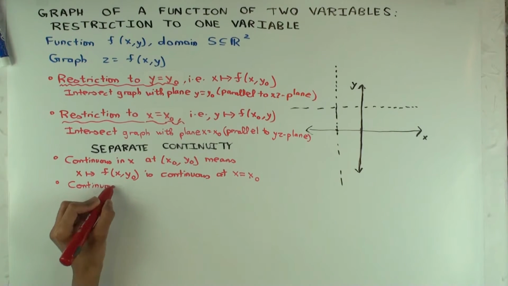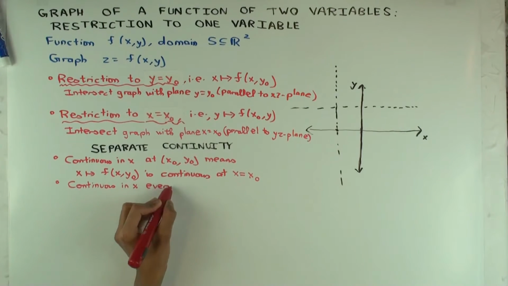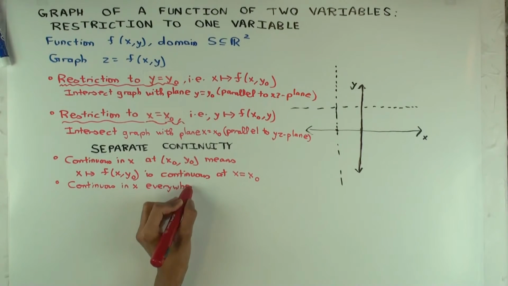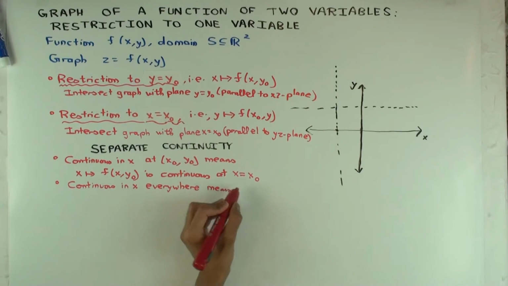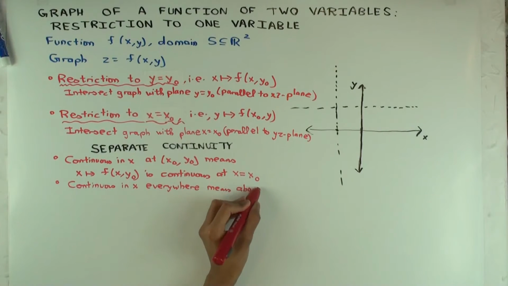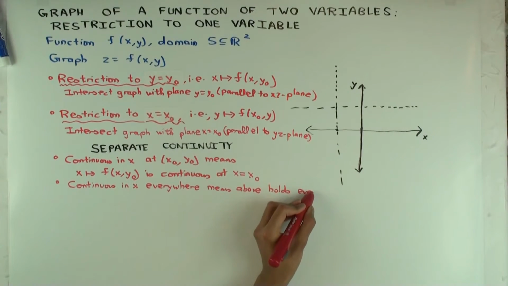Continuous in x everywhere. What would that mean? Means the above holds everywhere, right? Well, you have to be a little careful about boundary points.